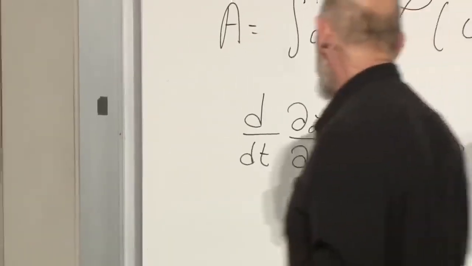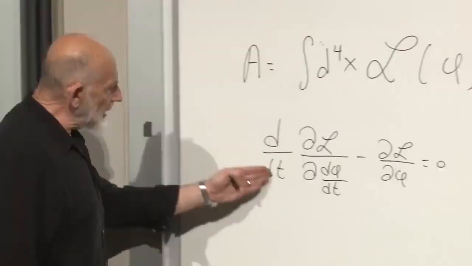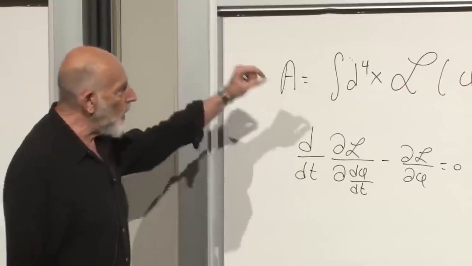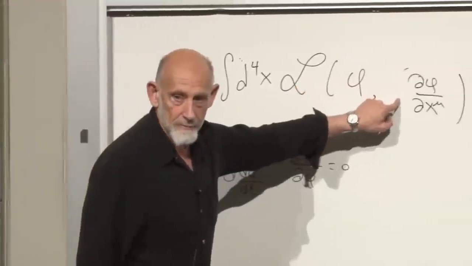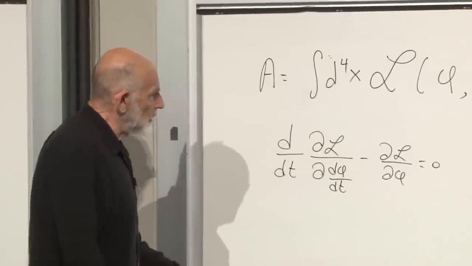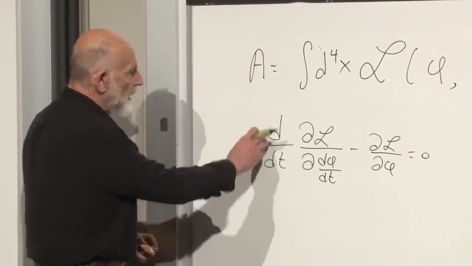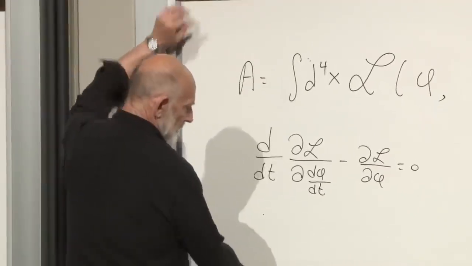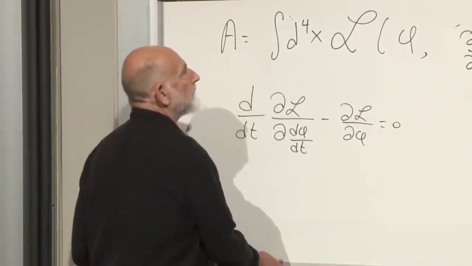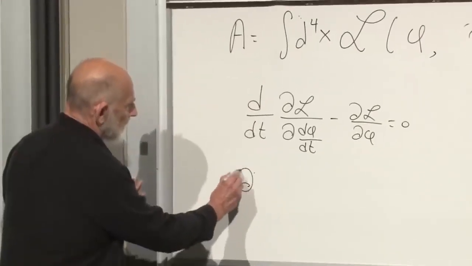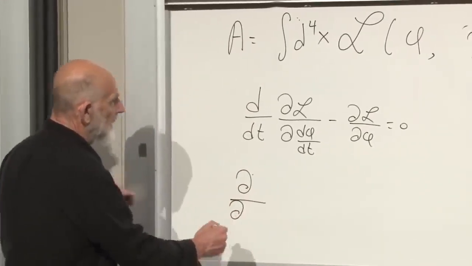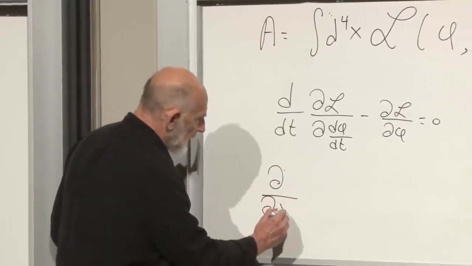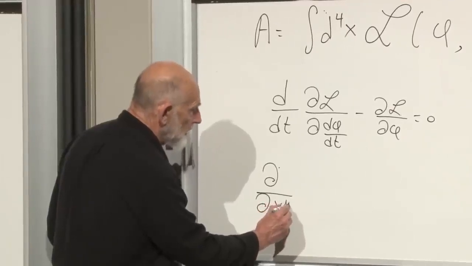How does it change? It changes in a very simple way. Instead of having a single term here with a time derivative, you have a sum of terms, one for each direction of space-time. And each term looks like a derivative not with respect to t, but with respect to x mu.